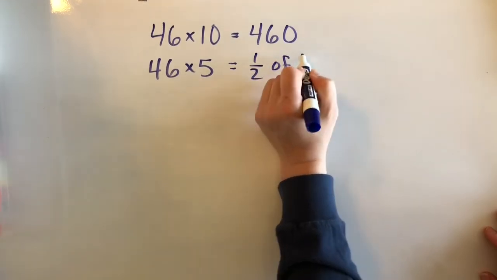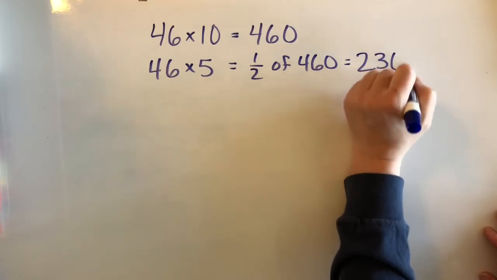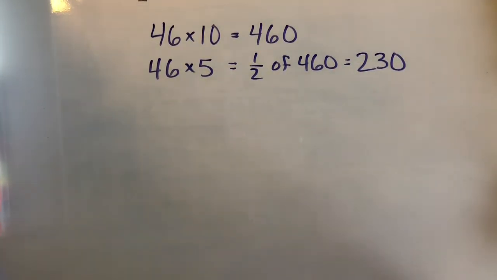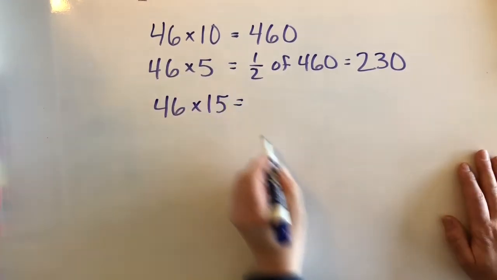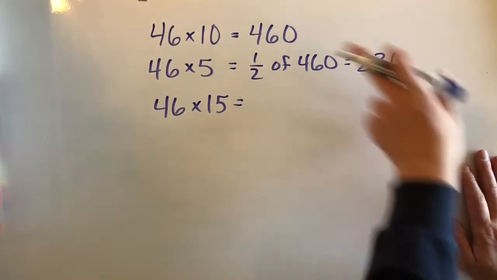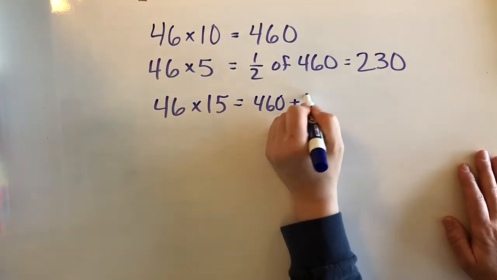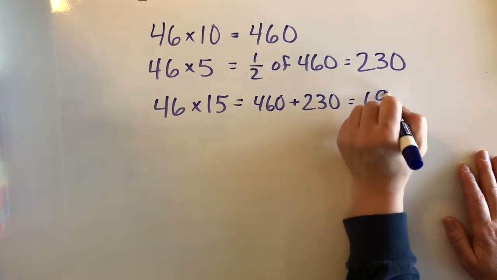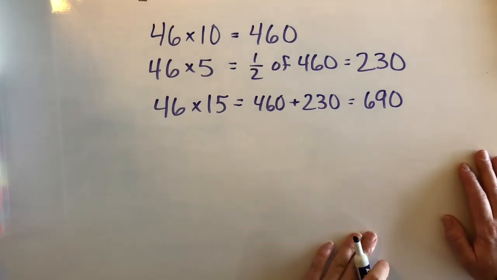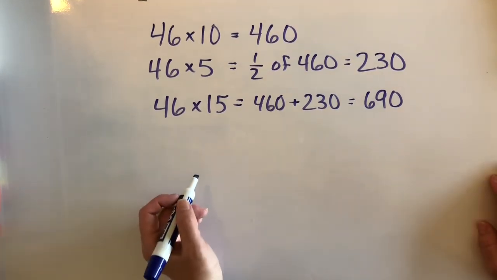Half of 460 would be 230. So then, 46 times 15 would be the 5 and the 10 added together. So it would be 460, which was 10, plus 230, which was for 5, which would give me 690.